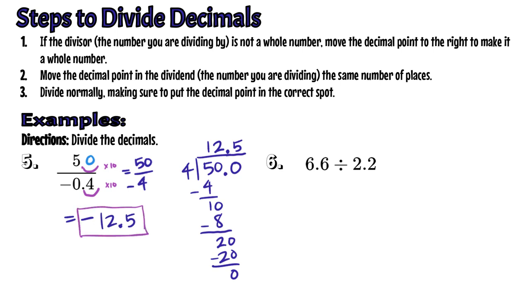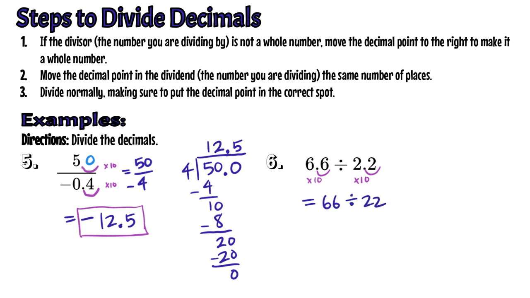Let's try another one. In the next one, we have 6.6 divided by 2.2. In this one, we can multiply by 10 in both situations, right? If we're dividing by 2.2, we want to divide by 22, which means that we are dividing 66. 6.6 divided by 2.2 is equal to 66 divided by 22.